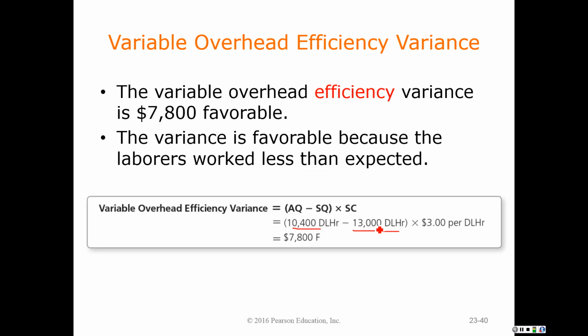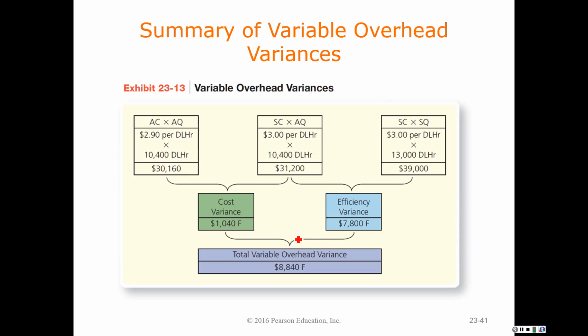That's what I used to come up with my estimates, but I only worked 10,400. So if I'm allocating overhead based on direct labor hours, my direct labor hours are less than what I thought they should be. So I have a favorable variable overhead efficiency variance. Once again, we've got two favorable variances, the cost variance and the efficiency variance, so an $8,840 favorable variance.